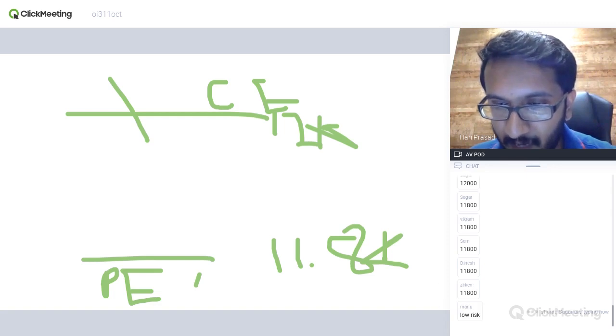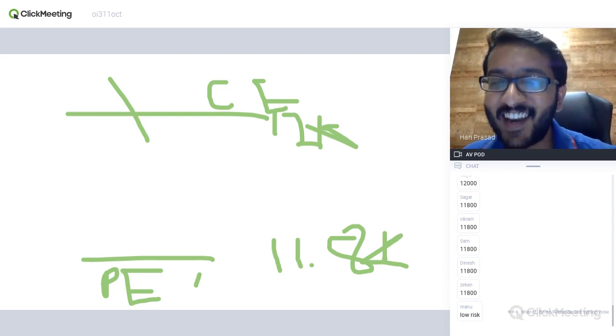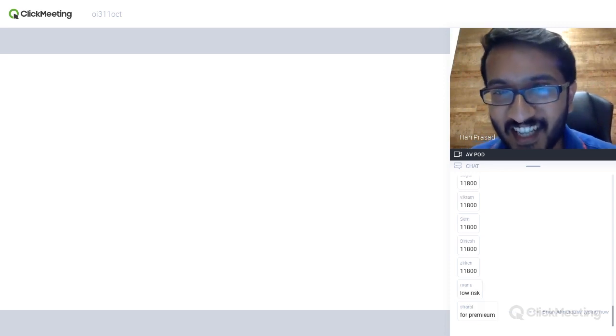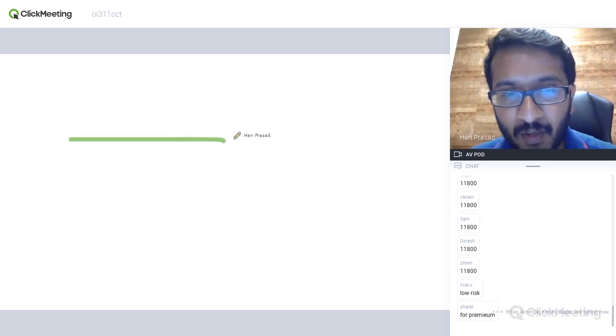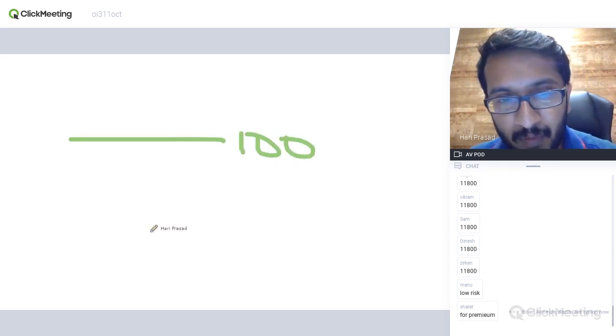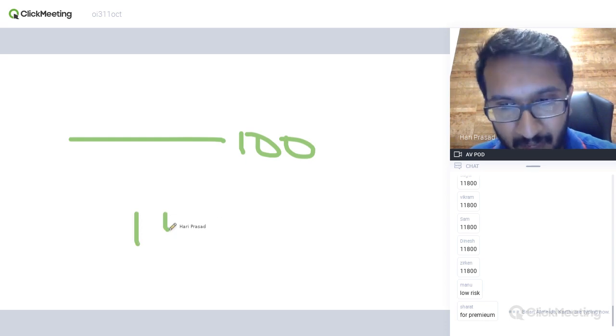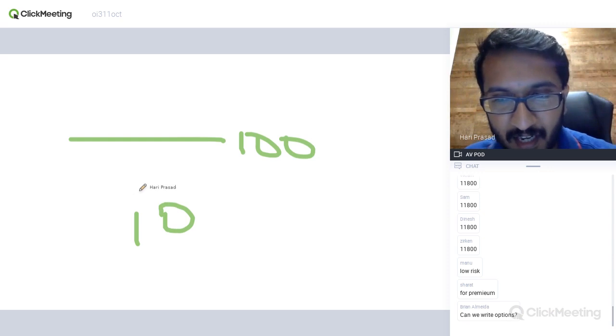Unlimited risk. When it comes to writing call options, it is unlimited risk. See, when I say I'm going to purchase a call option with strike price 100 and I'm paying a premium of 10 rupees, the strike price is 100.